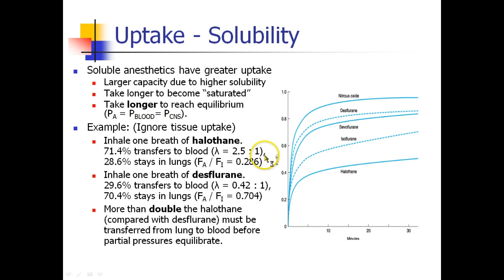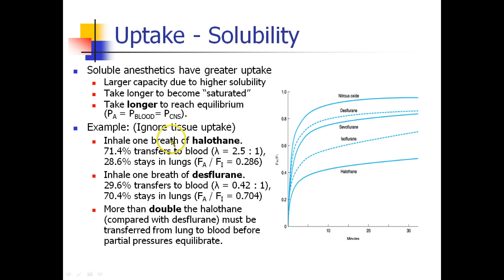So of these 3.5 parts, if we add them together, 2.5 out of 3.5 are in the blood, and 1 out of 3.5 are in the gas phase. So 2.5 out of 3.5 is about 71%. So in one breath of halothane, 71% of it moves into the blood, and only 28% of it stays in the lungs. That's due just to the partition coefficient.